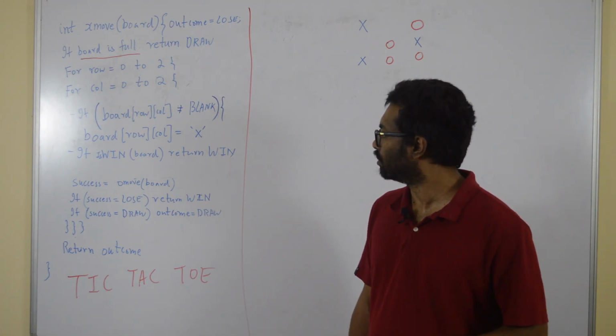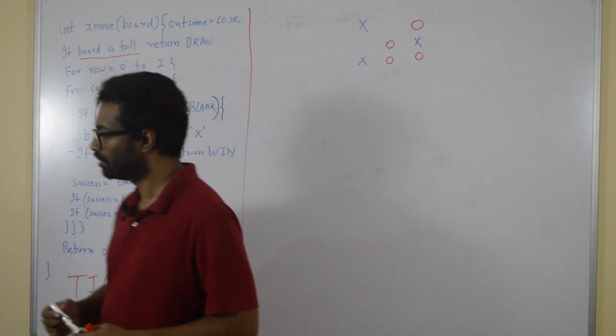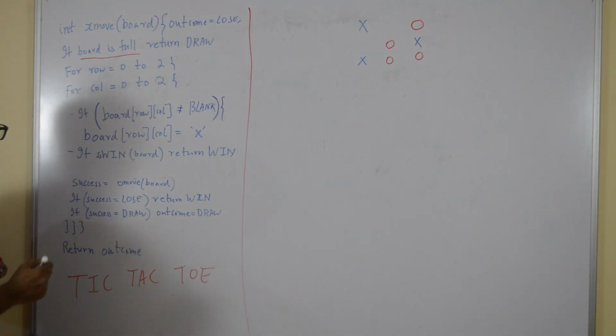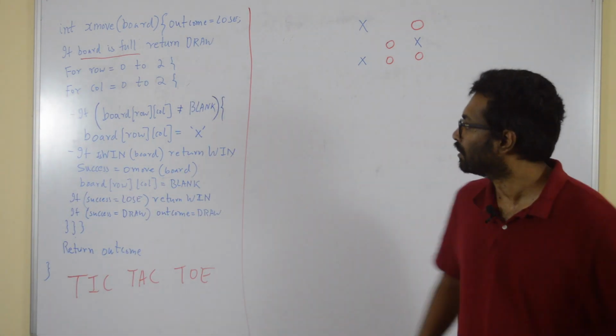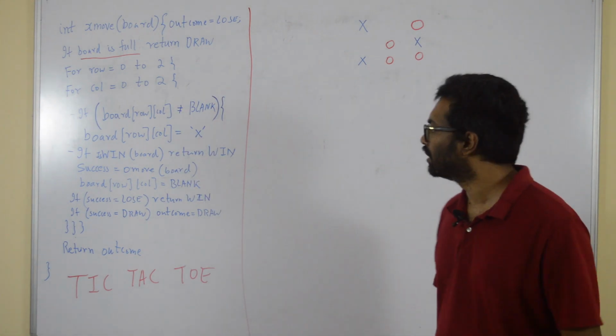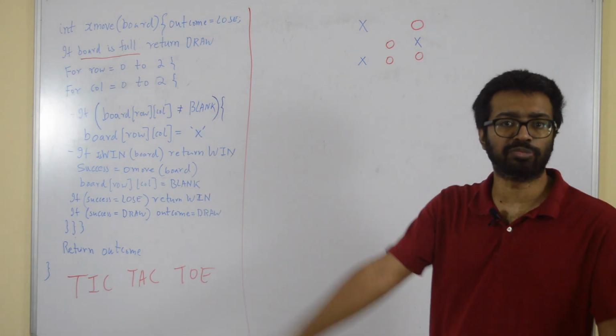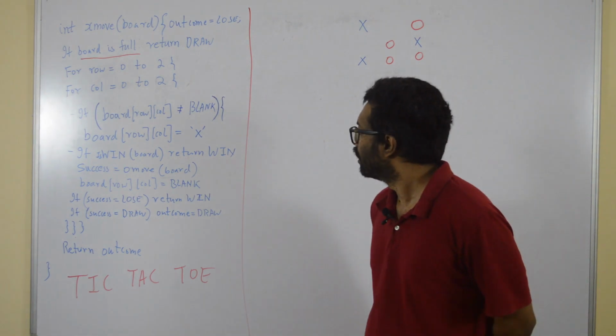Okay, so I fill it with x, and if this is going to be a win, I'm going to return win.